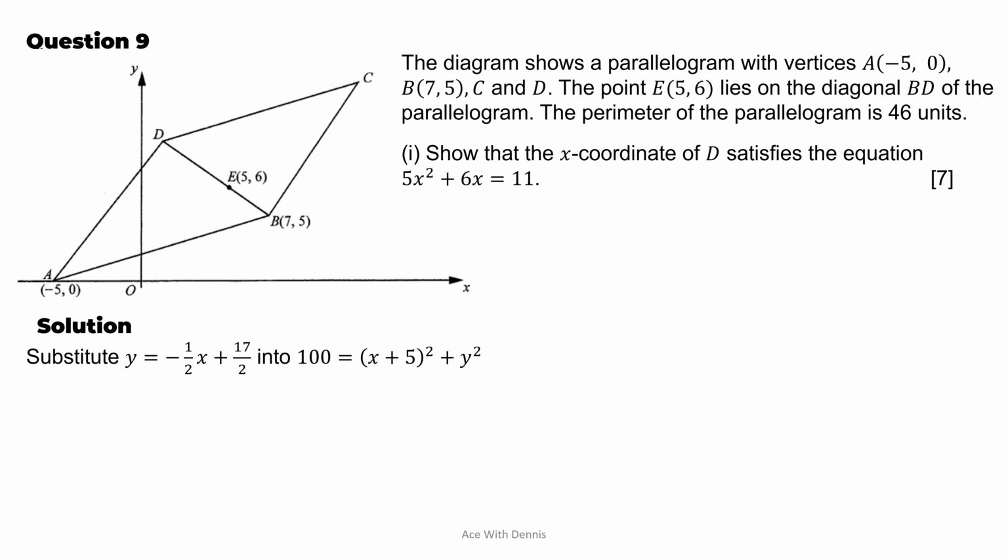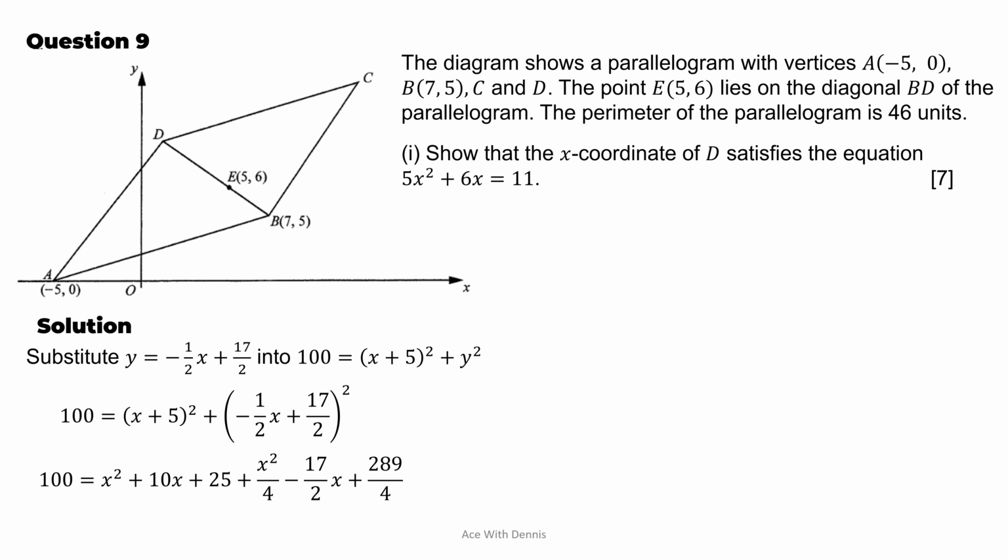Now, we substitute y = -1/2 x + 17/2 into 100 = (x+5) squared + y squared. Therefore, the equation becomes 100 = (x+5) squared + (-1/2 x + 17/2) squared. We expand the brackets, we get 100 = x squared + 10x + 25 + x squared/4 - 17/2 x + 289/4. Then we start to simplify this equation.